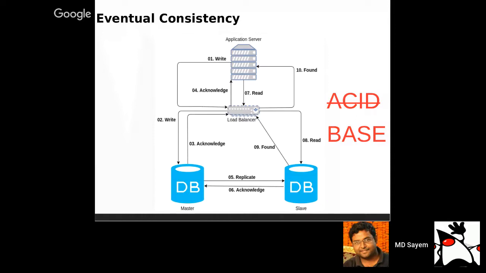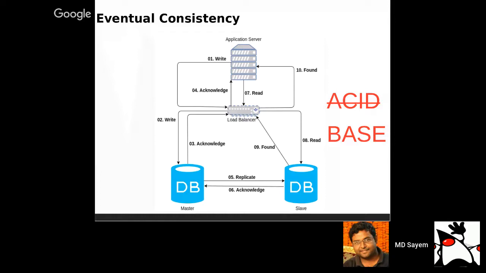Soft state means the state of the system may change over time, even without external input. For our case, this is true. We receive a write request, we write the data into the master, and then without any external input, the master issues the replicate command to the slave, the slave copies the data, and the state of the system as a whole changes from being inconsistent to consistent.